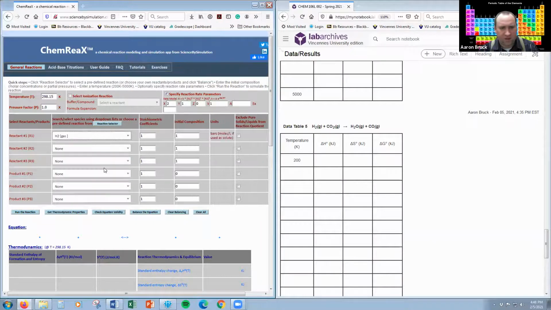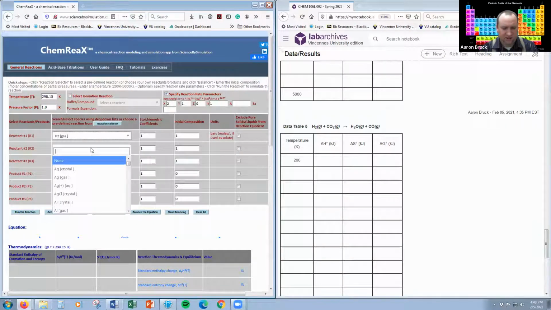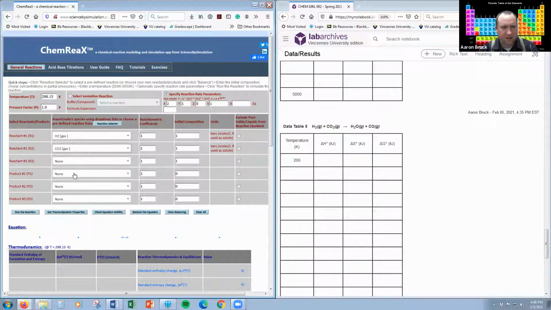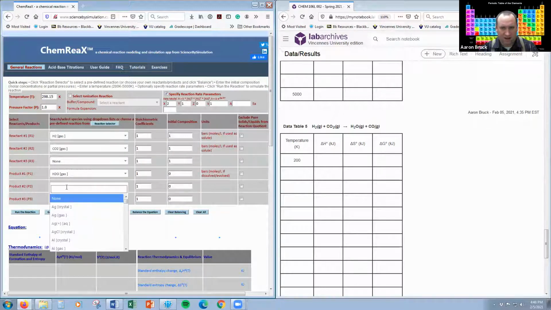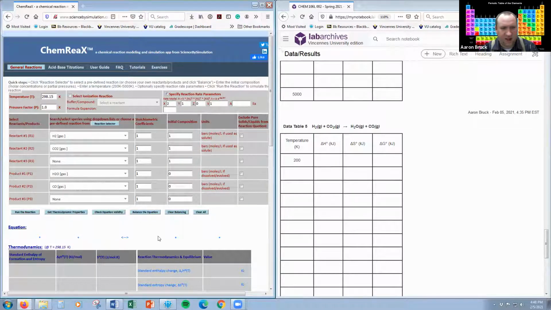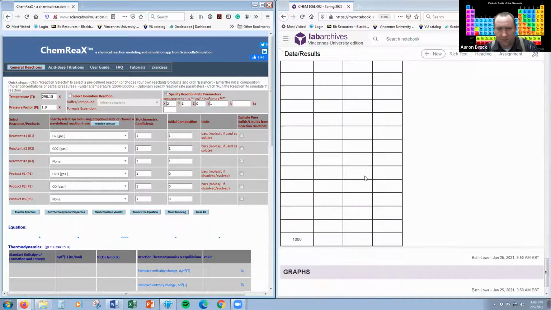So find H2 gas and CO2 gas, make H2O gas, and CO. You have to dig a little bit here, but there it is, gas. Again, set the same kinds of parameters, run the reaction, collect all your data.